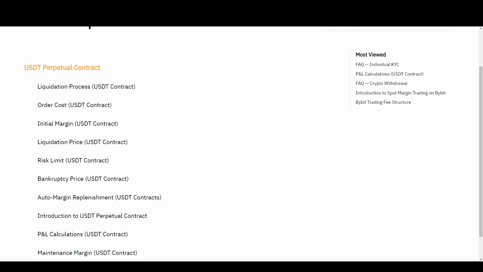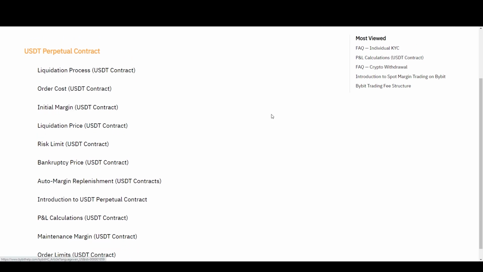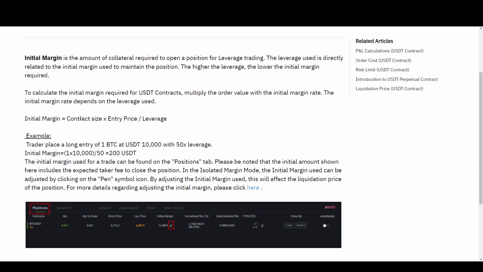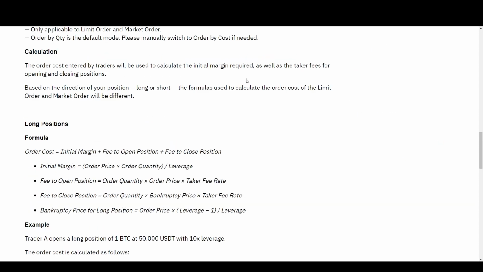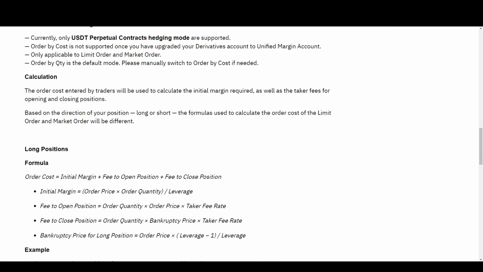Oh my god. Initial margin is contract size times entry price divided by leverage. That's this.